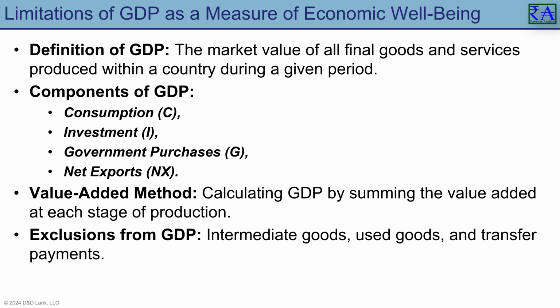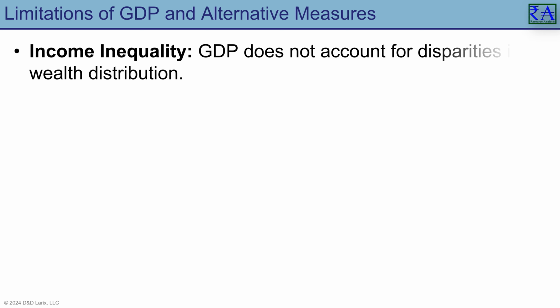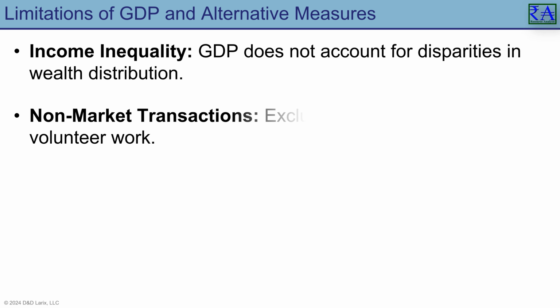current productive activities. While GDP is a comprehensive measure of economic activity, it has notable limitations. It does not account for income inequality, meaning it can mask significant disparities in wealth distribution. Non-market transactions, such as household labor and volunteer work, are excluded, even though they contribute significantly to societal well-being.